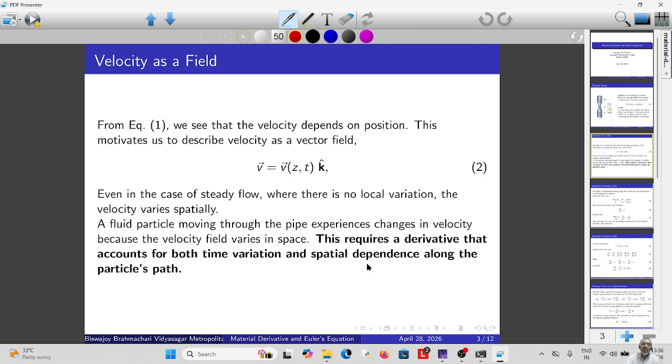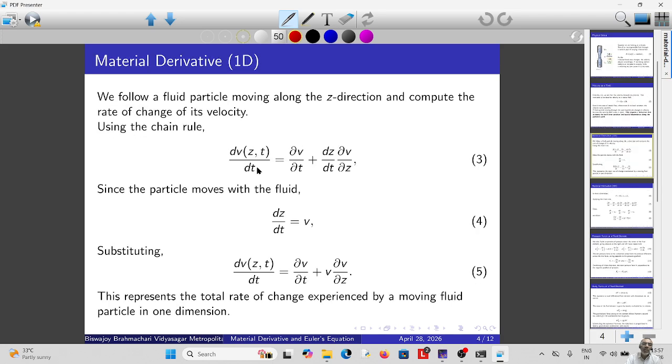So this is the main reason why we have to consider the material derivative, because we have to formulate a derivative that accounts for both time variation and spatial variation along the particle's path. If we take the total derivative, then we can apply chain rule.